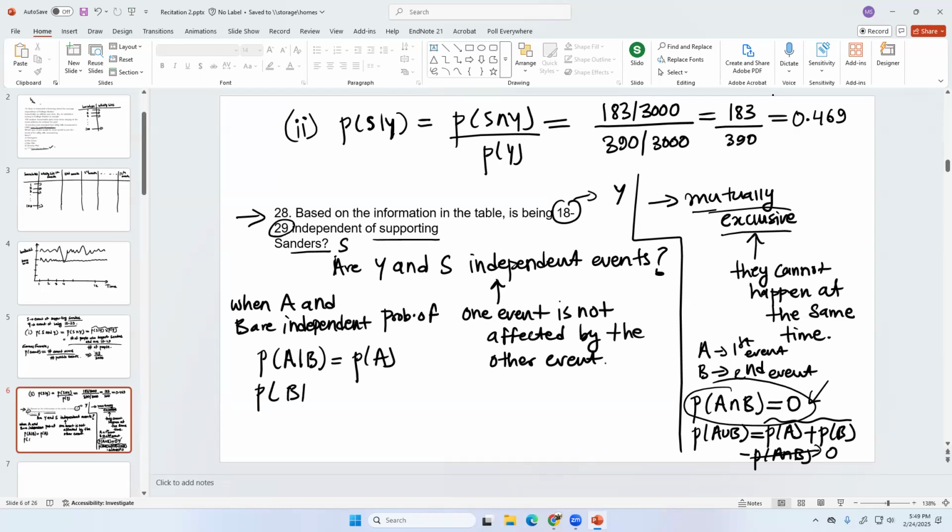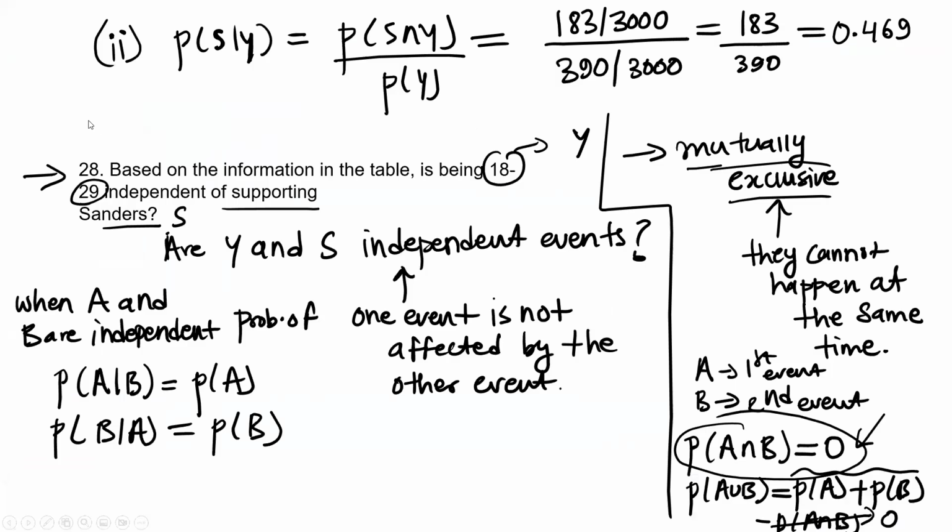Probability of B given A is just probability of B, right? So the intuition behind this being true is, given B, A has not changed, or the outcome of A is not affected when things are independent.